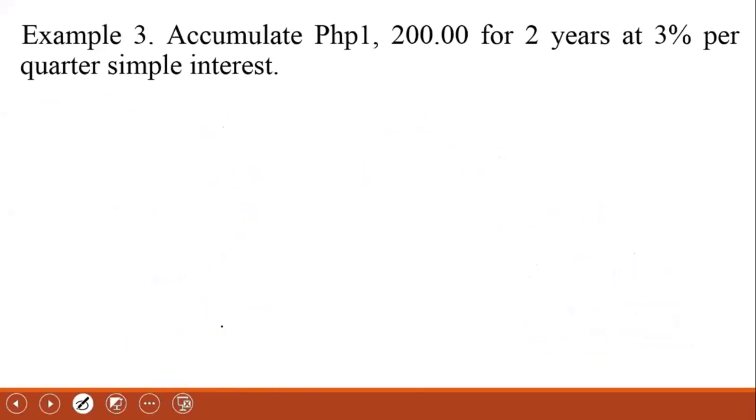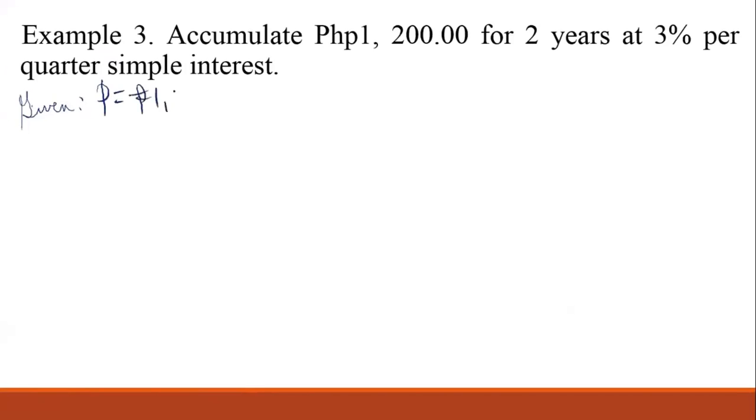Another one. Para mas maintindihan. Accumulate 1,200 pesos for 2 years at 3% per quarter simple interest. Okay? So we have first our given, which is the principal.